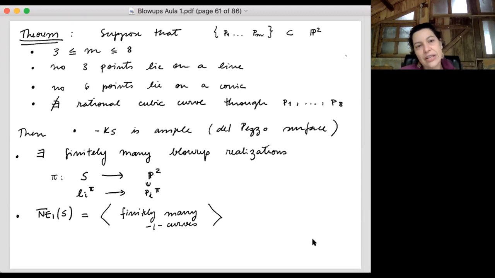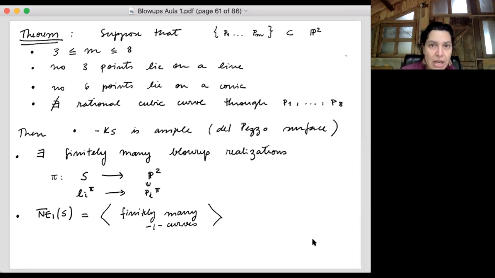And conversely, there is a converse to this theorem: any del Pezzo surface, meaning a smooth surface for which the anticanonical class is ample, can be realized as the blow up of P2 in at most 8 points satisfying these conditions. Well, either this or the surface is P1 cross P1.